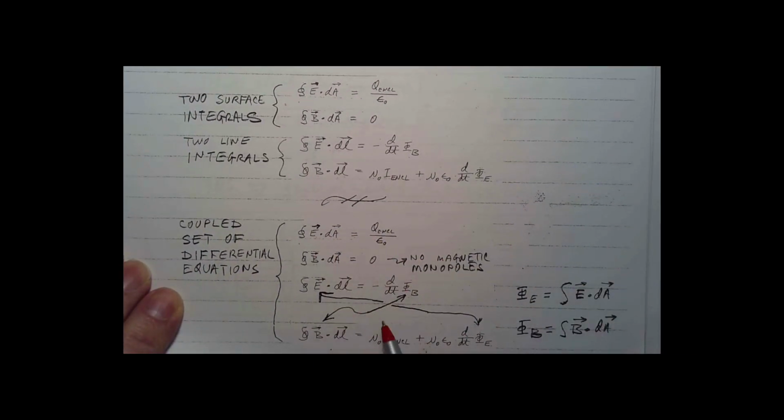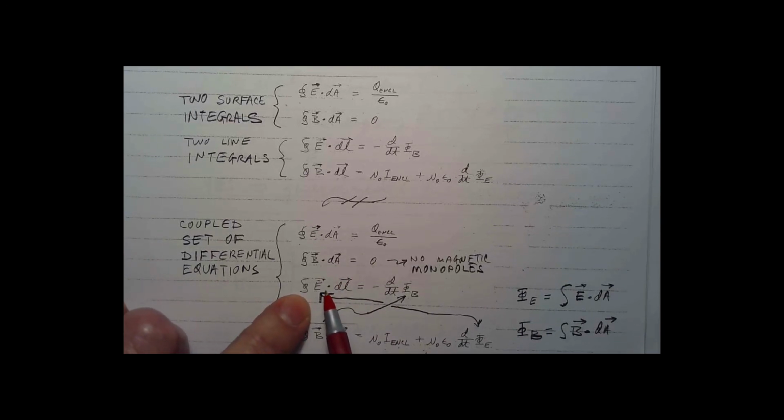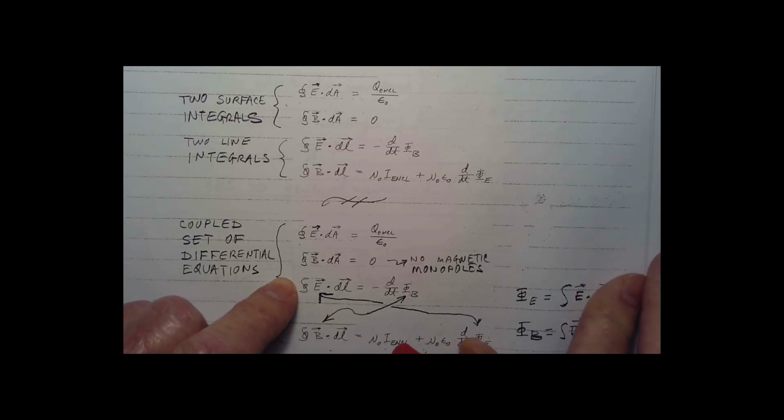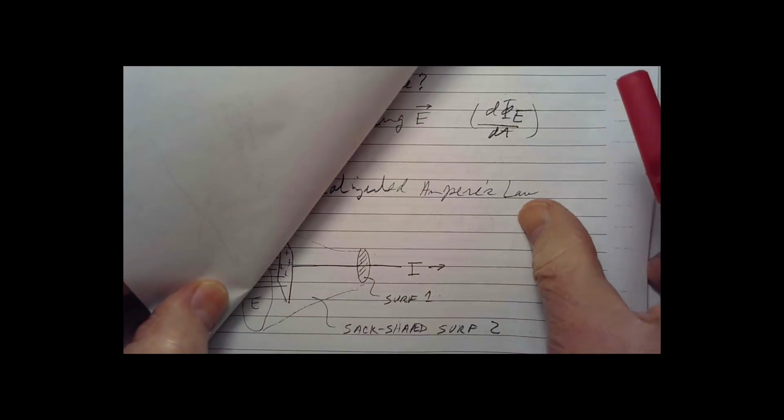This one stands alone, and this one stands alone. But the integral of E dot dl depends on the time rate of change of the magnetic flux. But the magnetic flux determines integral of B dot dl, okay? This thing couples with that, so it's a closed loop kind of system here, and that's what makes this set of equations so interesting, okay?